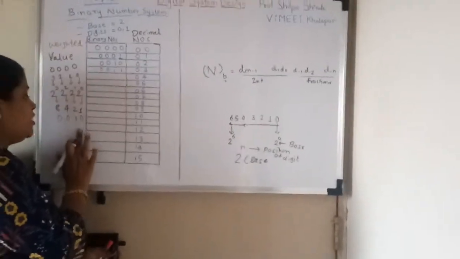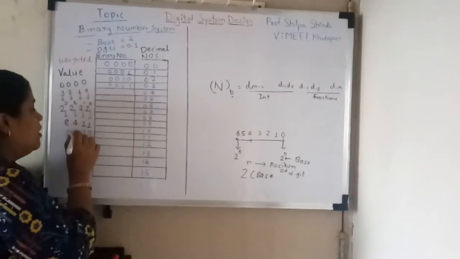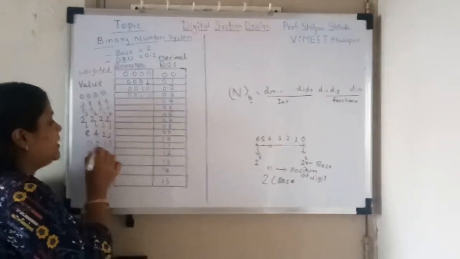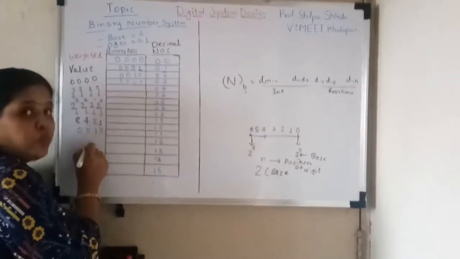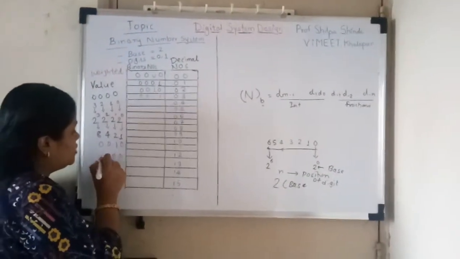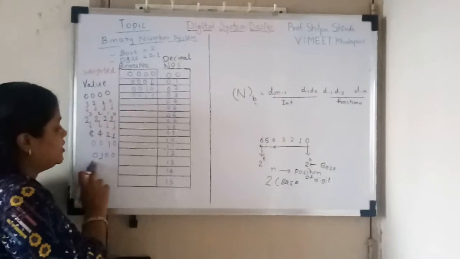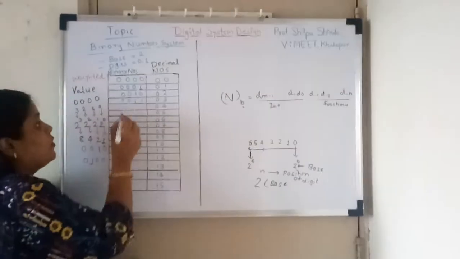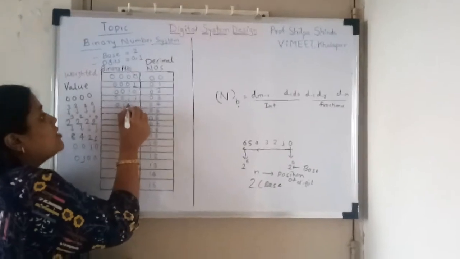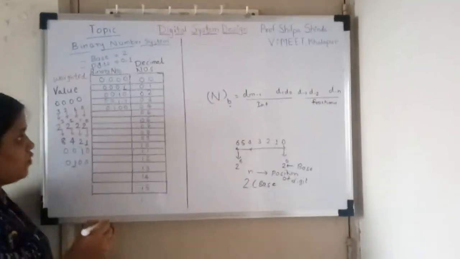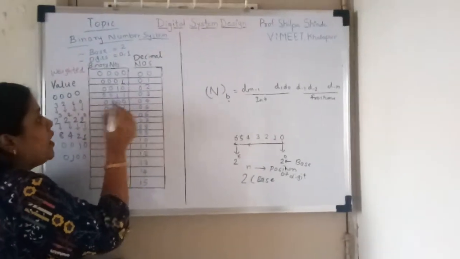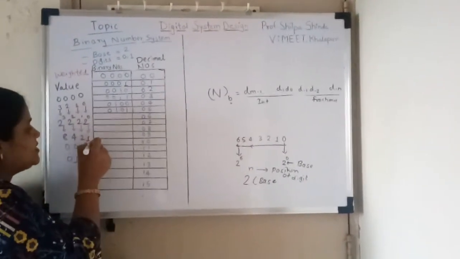Now I need to find the value of 4. The third bit has value 4, so the equivalent binary number for 4 is 0 1 0 0. Now 5 is 0 1 0 1, because this is 4 plus 1.